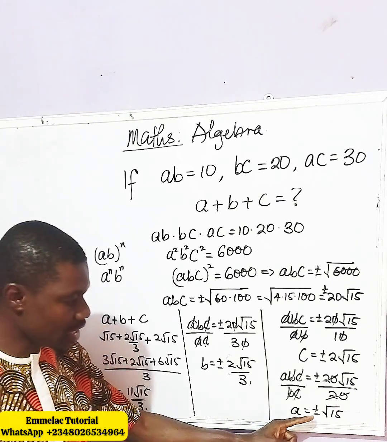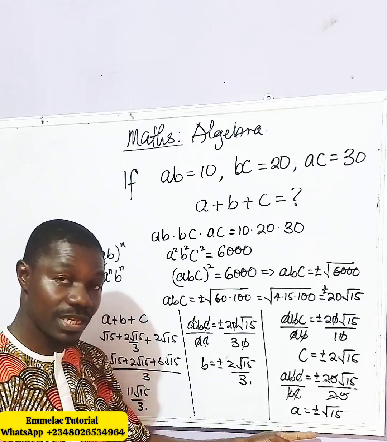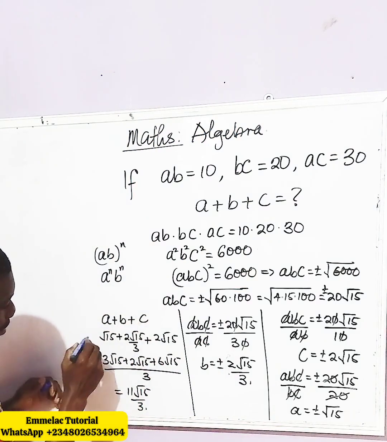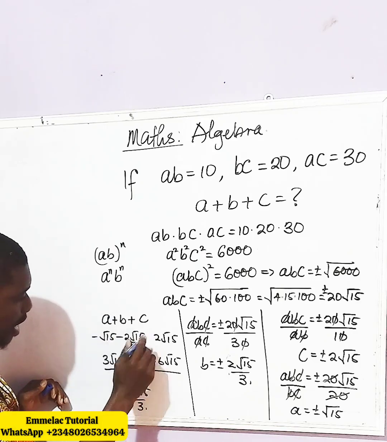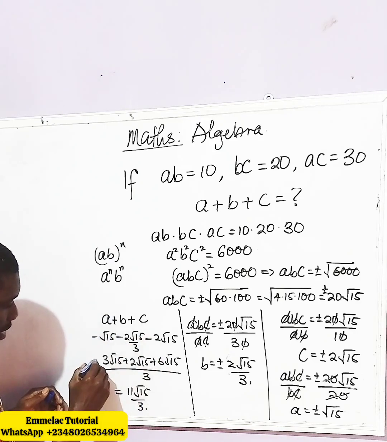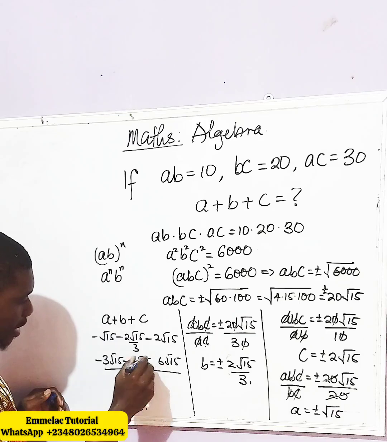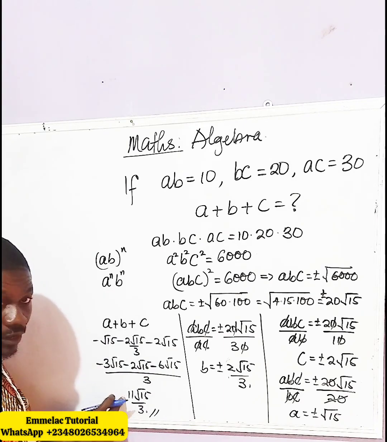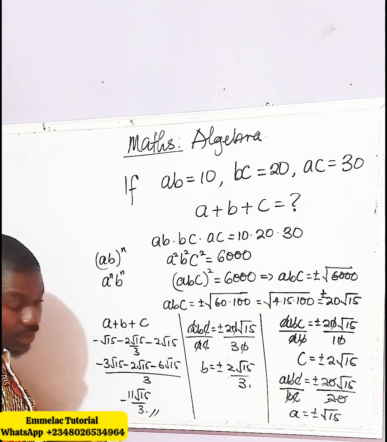And if you make use of the negative value, applying the same principle here, negative and negative, all this will give us negative 11 root 15 all over 3.